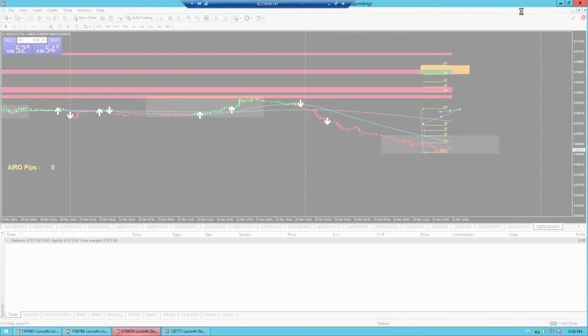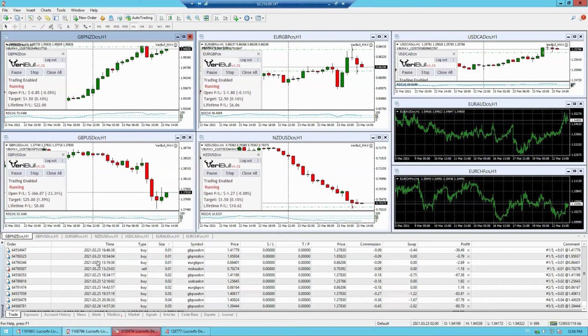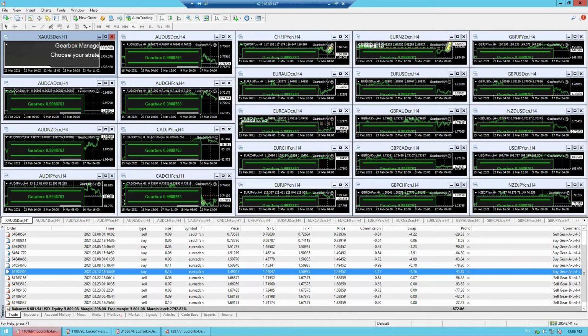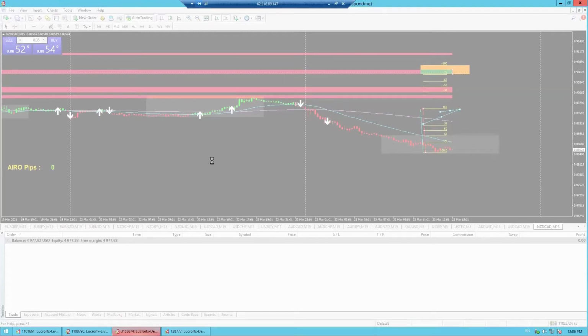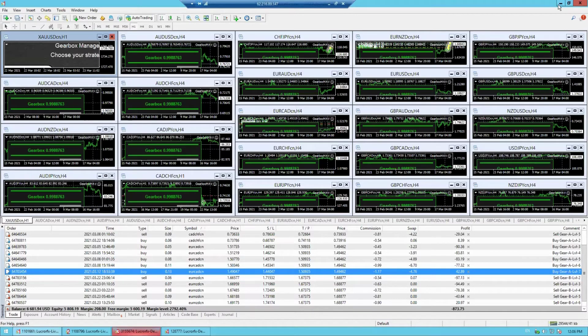And why did this thing lock up on me? Can you pull another chart up? Oh, I guess you can't. This is frozen. Here's my gearbox. It's just not responding. You might have to restart it.